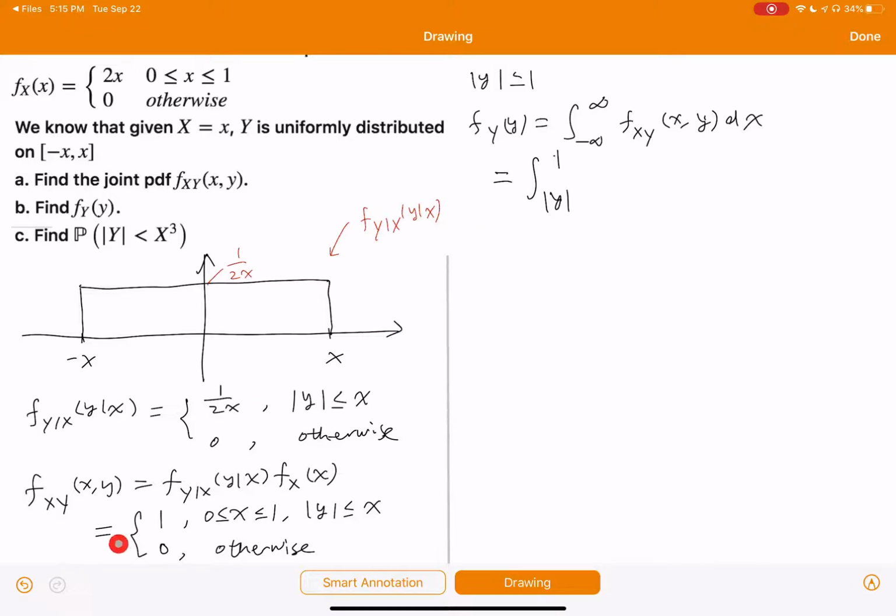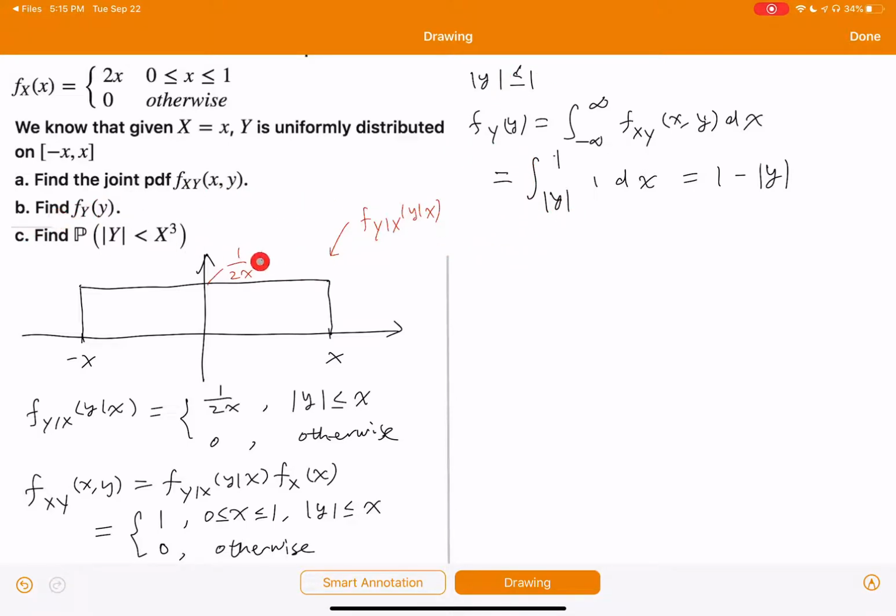The density function is 1, so this is the integral of 1 dx. So this is 1 minus the absolute value of y. And keep in mind that the absolute value of y must be less than or equal to 1. If y is outside of this range, the density function would be 0.